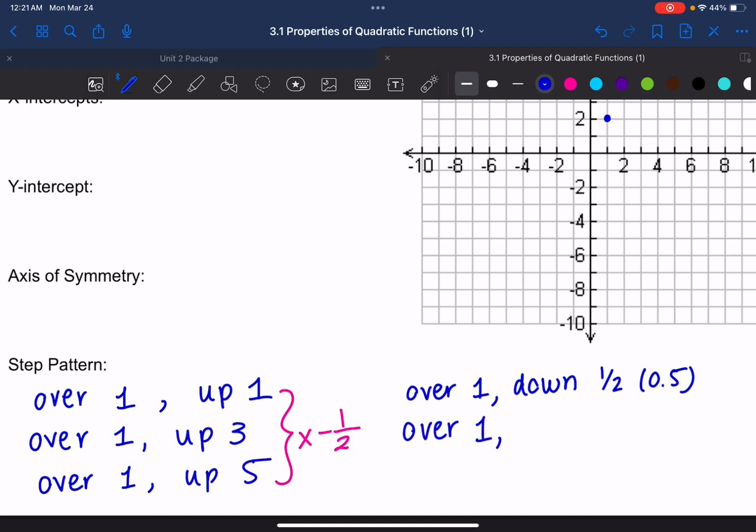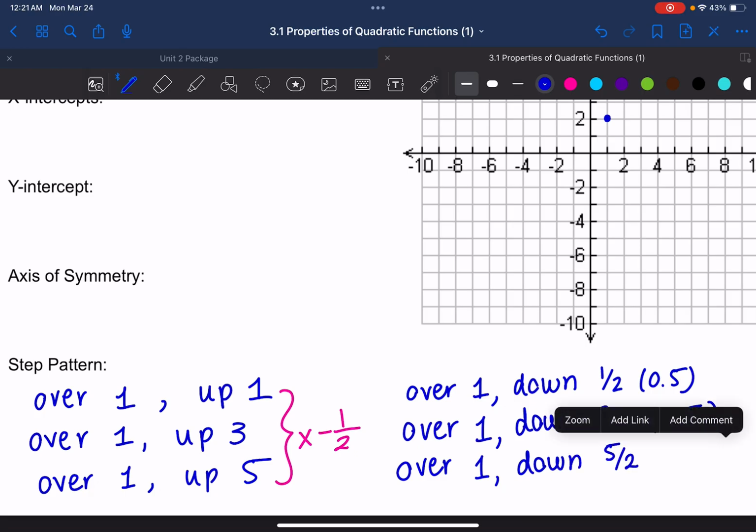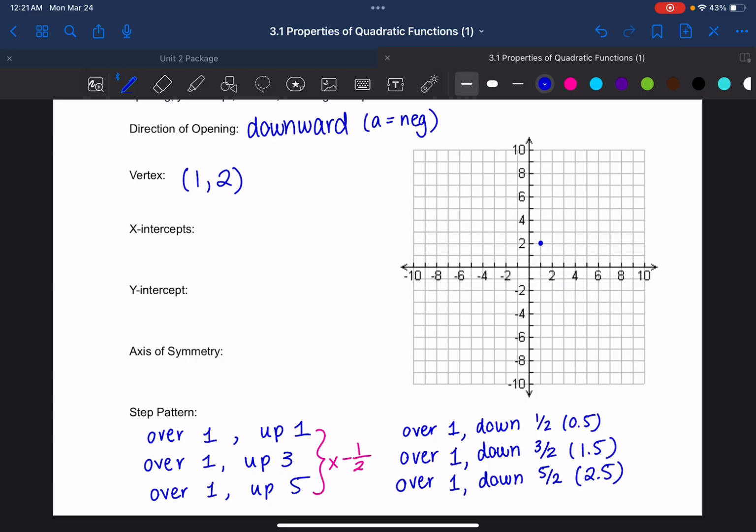I'm going to go over 1 still, but now I'm going down 3 times 1/2, so 3 over 2 or 1.5. And lastly, same thing, over 1, but now I'm going down 5 times 1/2 or 5 over 2, which is 2.5. So, okay, that's what I'm going to do to draw my graph.